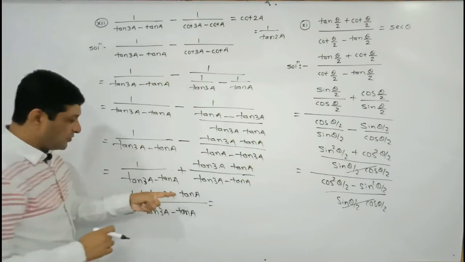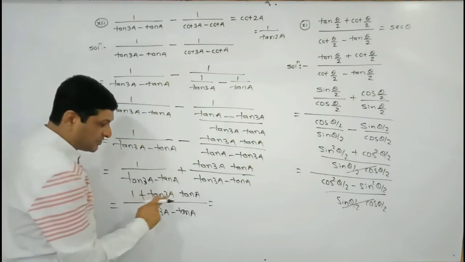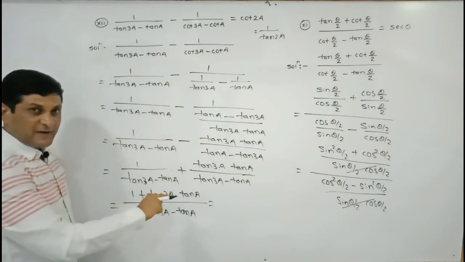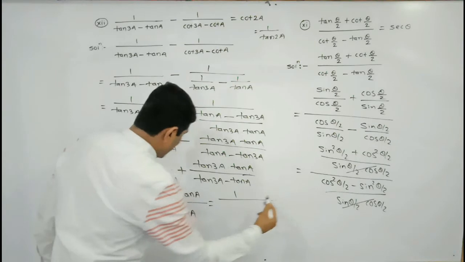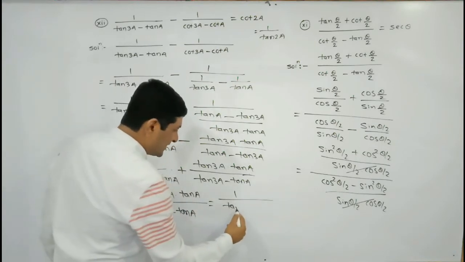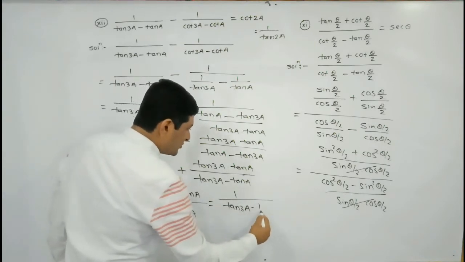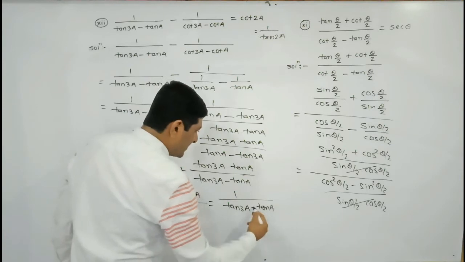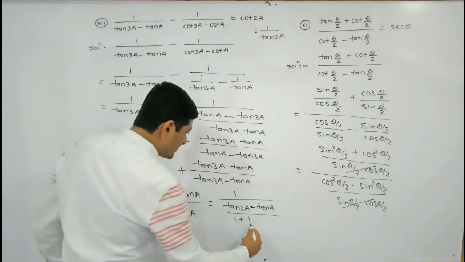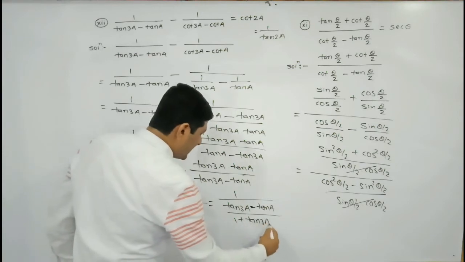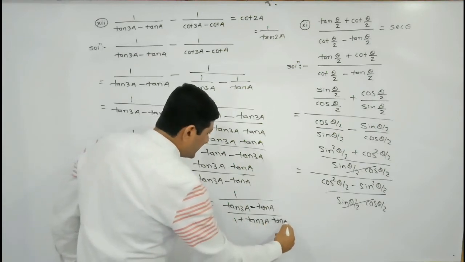So let us divide the numerator by 1 plus tan 3a into tan a. Means we are dividing the numerator by the same expression, so in the numerator we will get 1. And since we are dividing the numerator, that's why we are dividing the denominator also by the same term, means by 1 plus tan 3a into tan a.